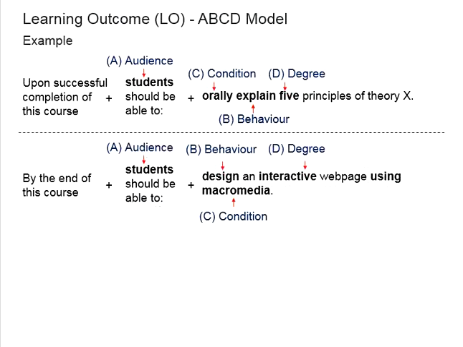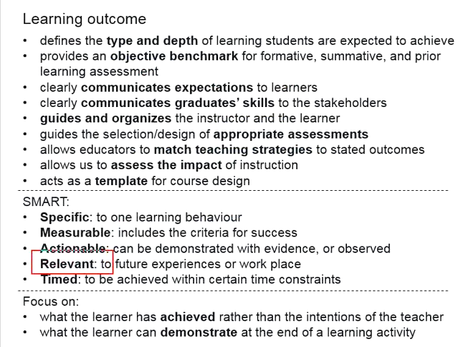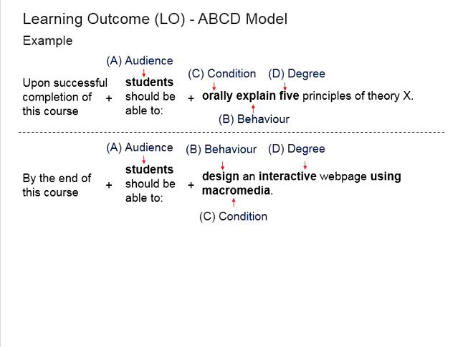Therefore, we should avoid using the term understand. Lastly is about relevancy. This one will be determined by looking at the course itself, whether the learning outcome is relevant to that particular course.